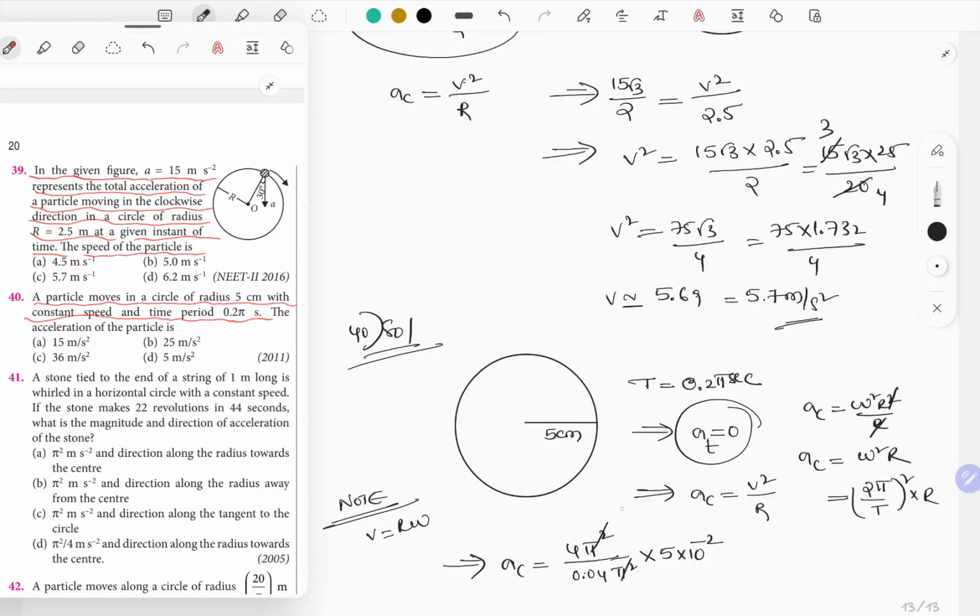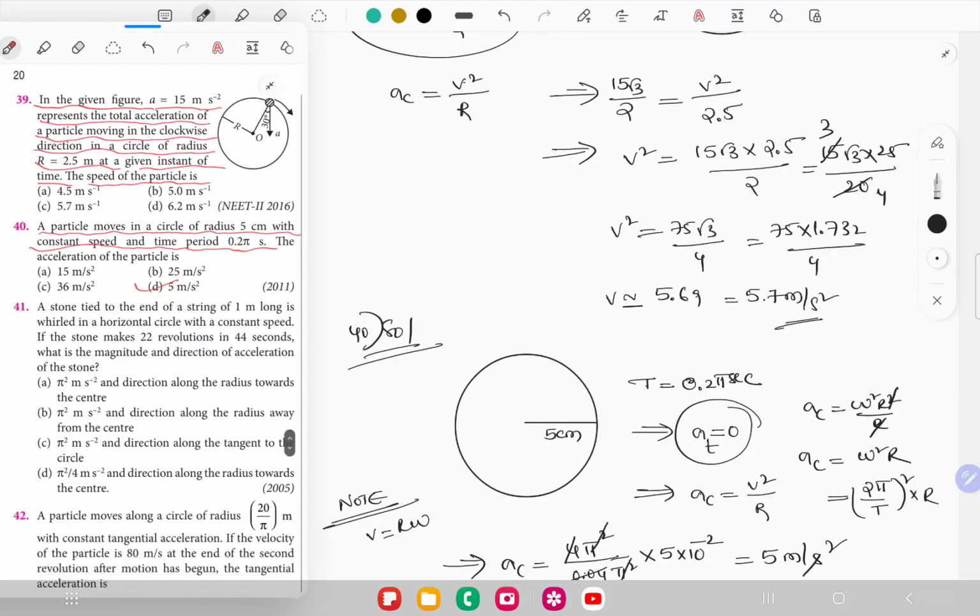So pi square will get cancelled. 0.04 you can write as 4 into 10 power minus 2, and that will get cancelled with the 10 power minus 2 already there. So the answer is going to be 5 meter per second square. Which option matches? Option D is the correct answer.